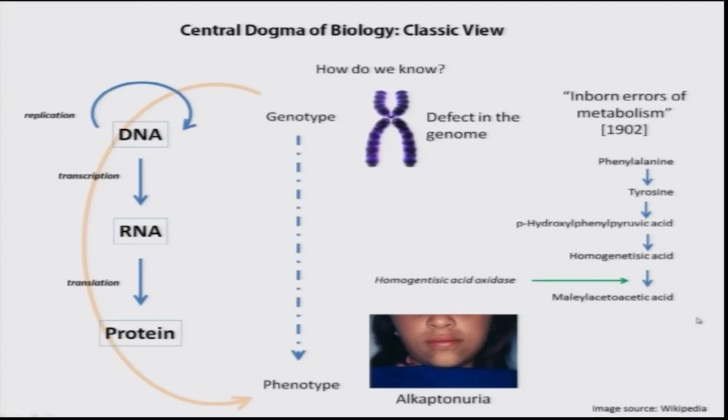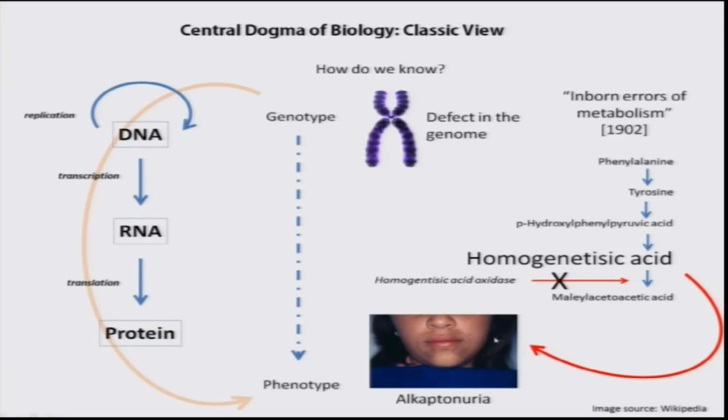So what happens in this condition, alkaptonuria, is that this particular enzyme, or the gene that codes for it, is defective. It cannot do the function it is expected to do. As a result, you have a very high concentration of this particular metabolite, homogentisic acid, which results in this abnormal pigmentation and the associated phenotype that you see in this condition.